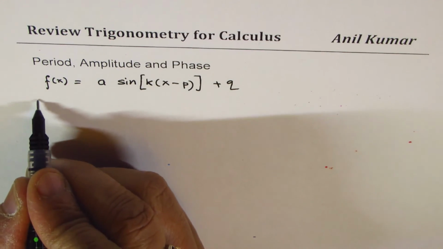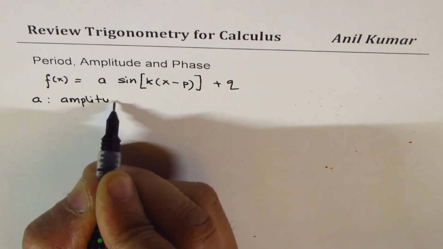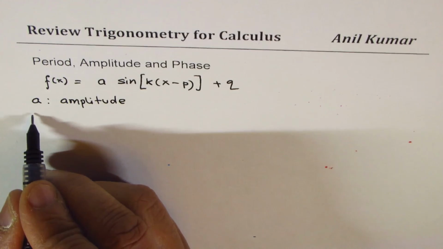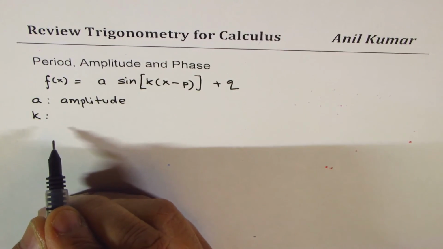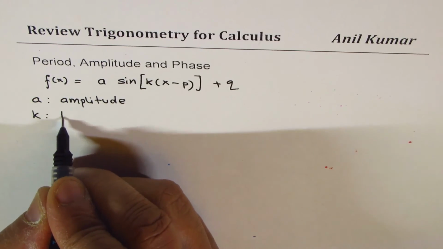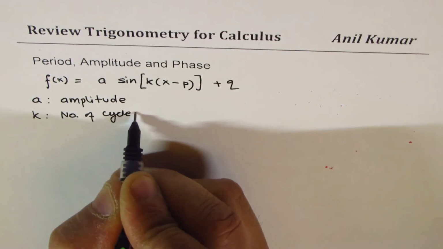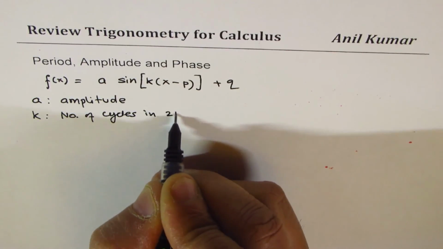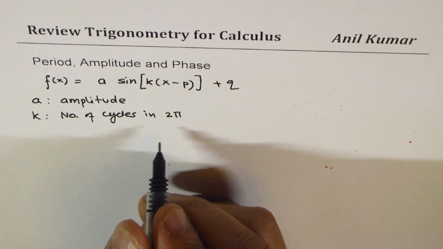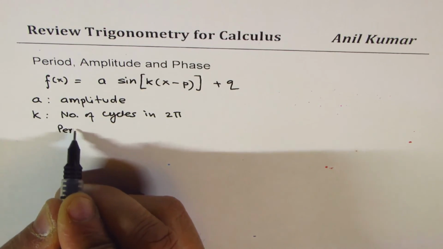From this function, you know a is the amplitude, k basically gives you the period. So k gives you actually the number of cycles in 2 pi, and k also helps you to find what the period is.